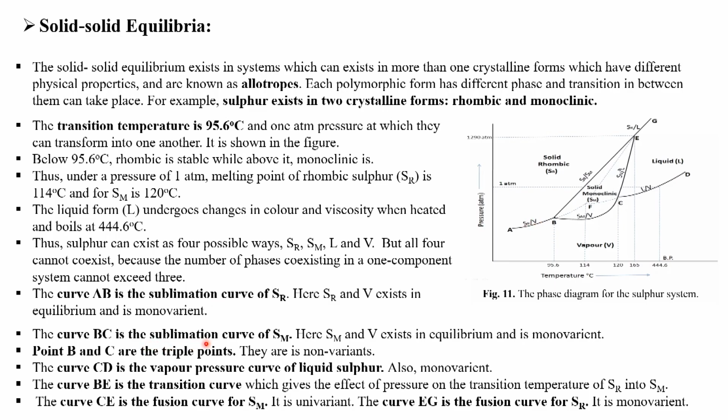The curve BC is the sublimation curve of monoclinic sulfur, SM. Here monoclinic sulfur and vapor coexist. Points B and C are the triple points. At point B you get rhombic sulfur, vapor and monoclinic sulfur.